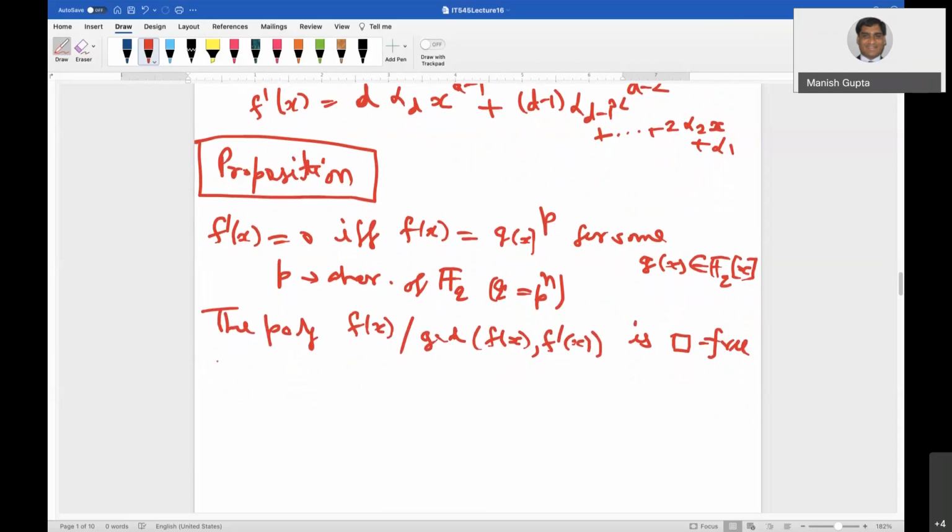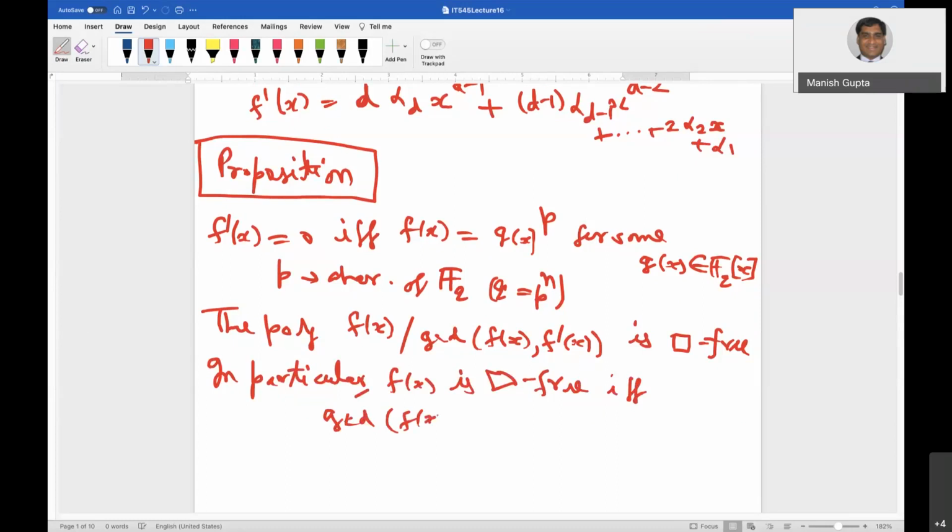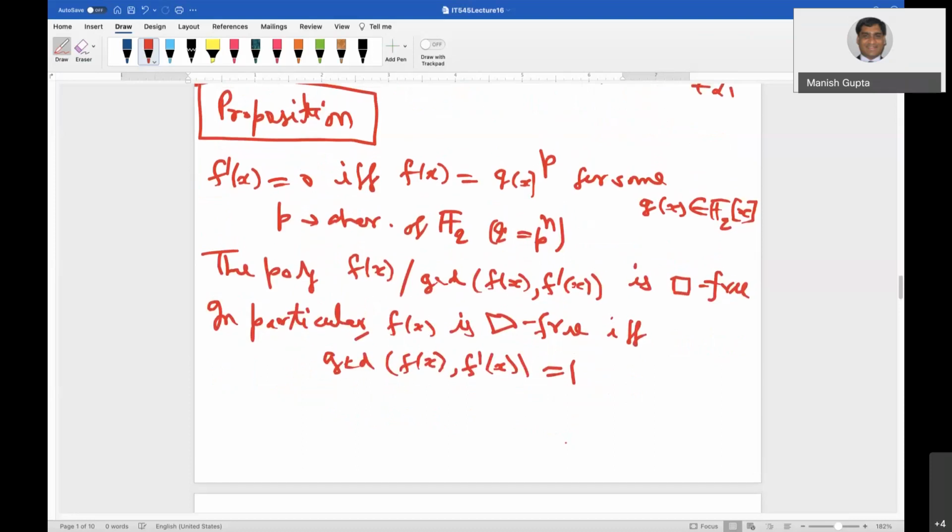In particular, f(x) is a square free polynomial if and only if gcd of f(x) and f dash of x is 1. So this is our main result that I would like to prove for you.